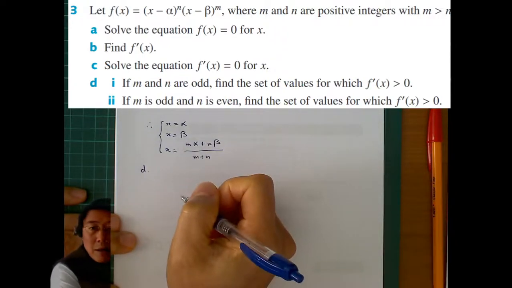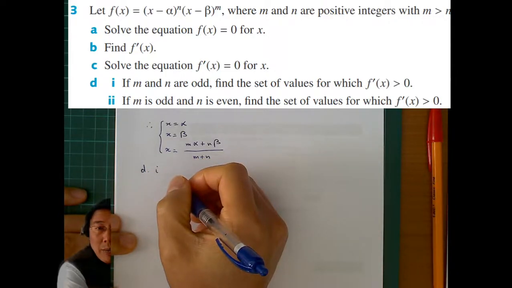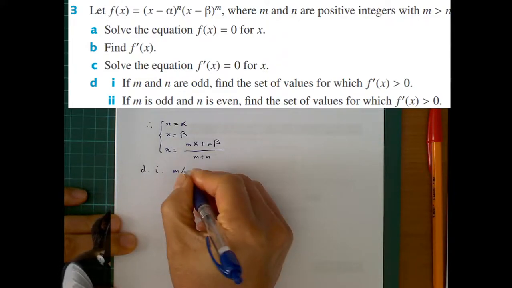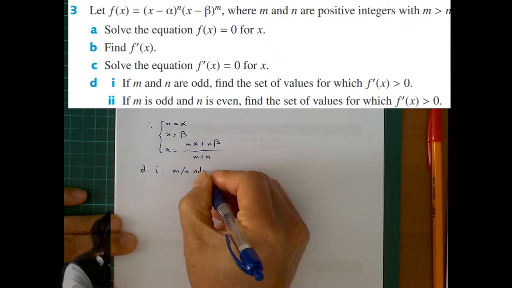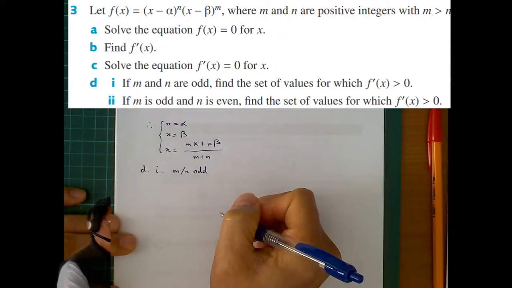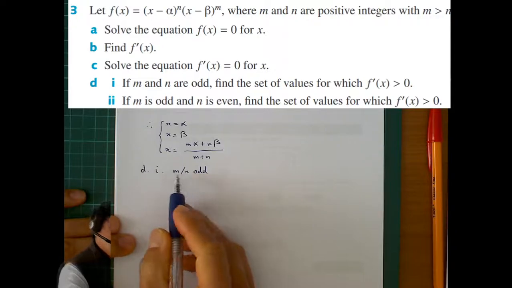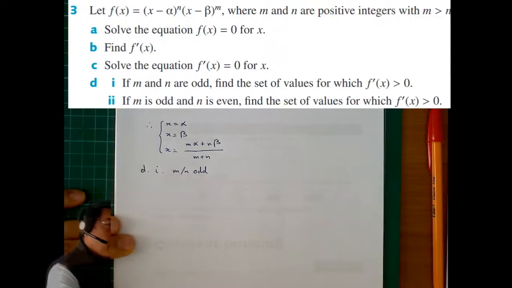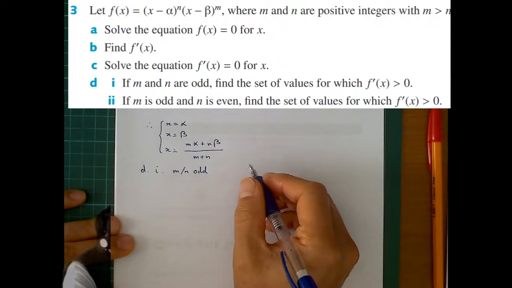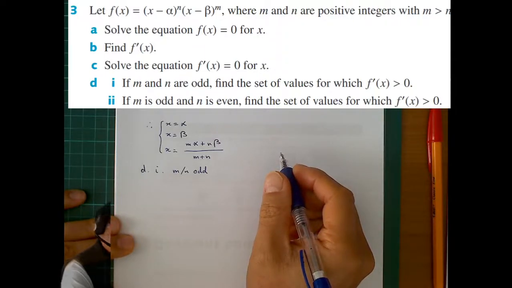Okay, so D1I, what we know is m and n are odd. If they're odd, something you can do if you were to do that using algebraic expressions is, when you want to express a variable to be odd or even, use a notation: for even it's 2n, and for odd it's 2n plus 1.